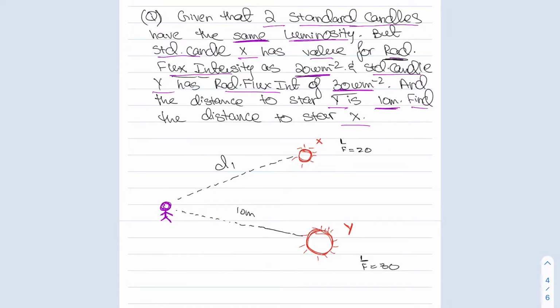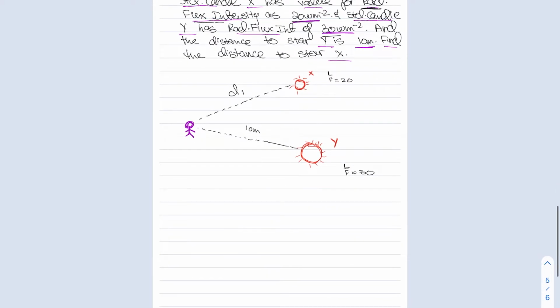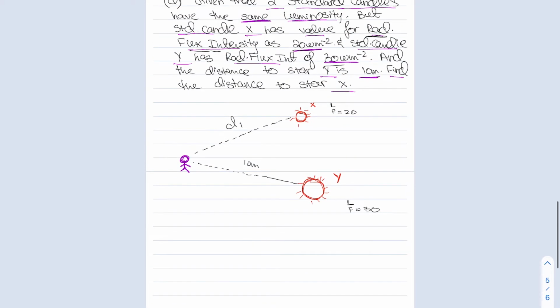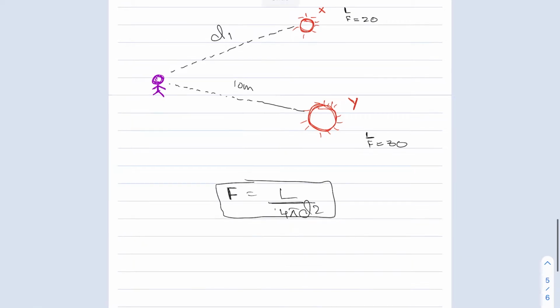Okay. Now we have the formula F is equal to L upon 4 pi d squared, right? Now you might say that if we don't have L, how will we find D? That's a valid question, but the question says that both stars have the same luminosity. So what we'll do is we'll form two equations, right?